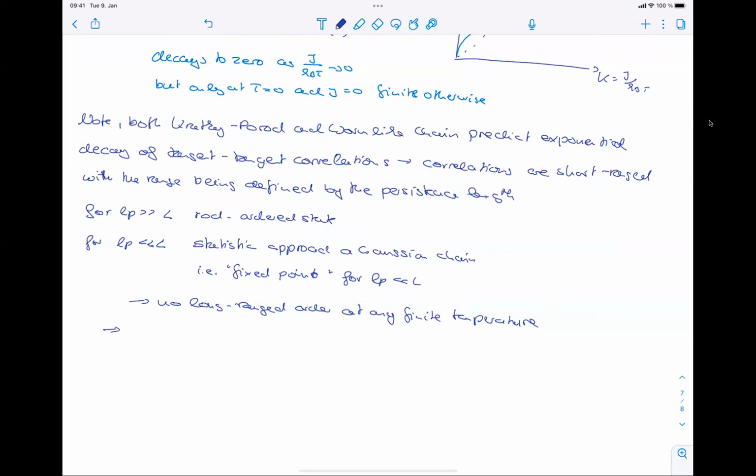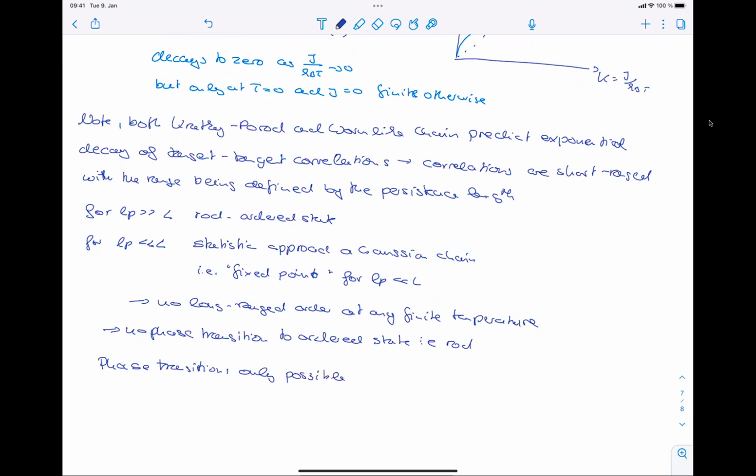So there's no phase transition into ordered states here, i.e. to the rod. And so we would expect phase transitions only possible in higher dimensions, and the higher dimension version of a polymer is also again of biological importance for membranes.